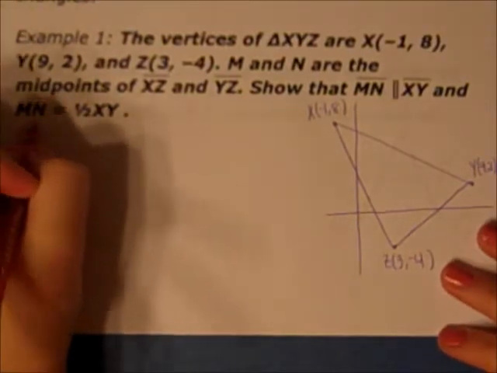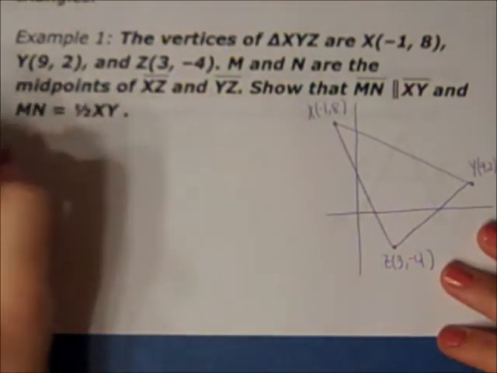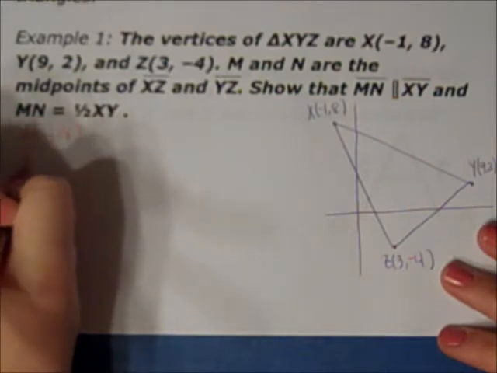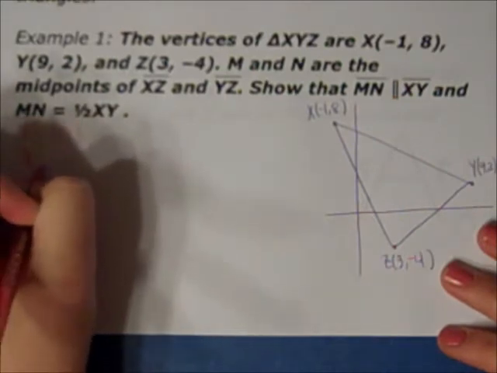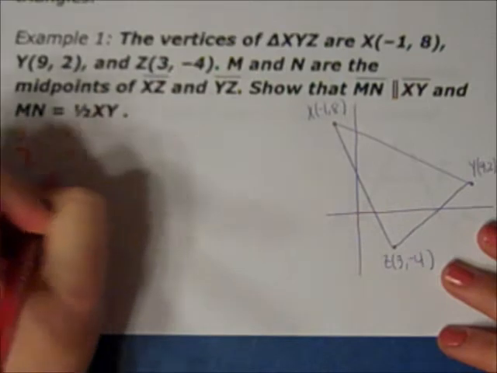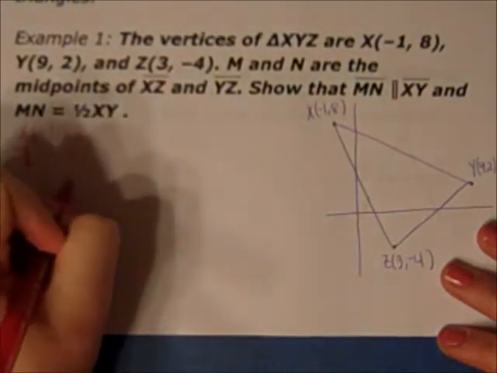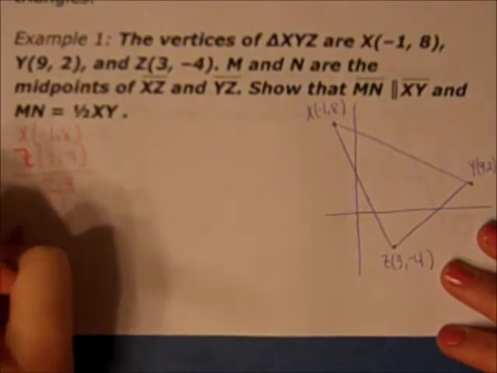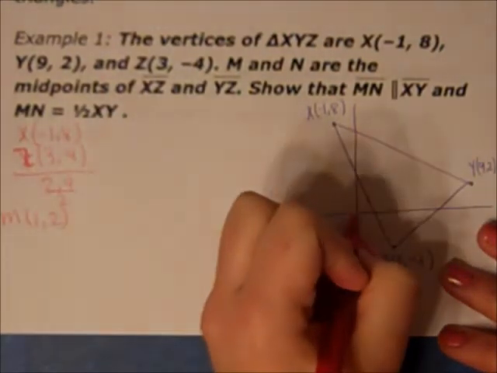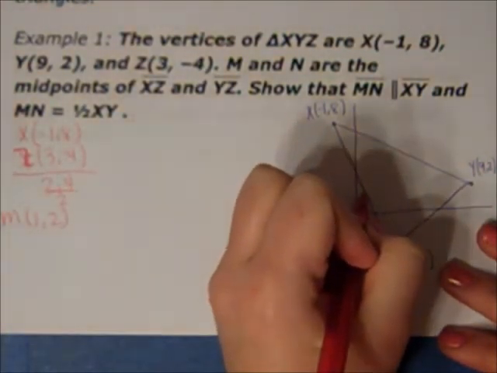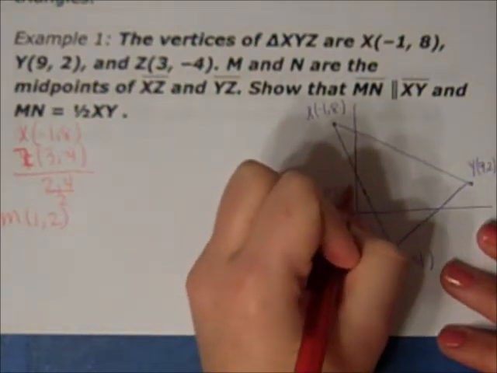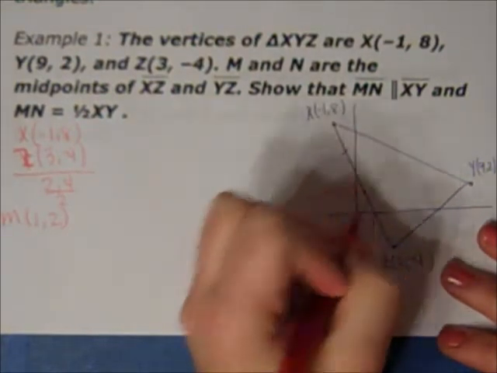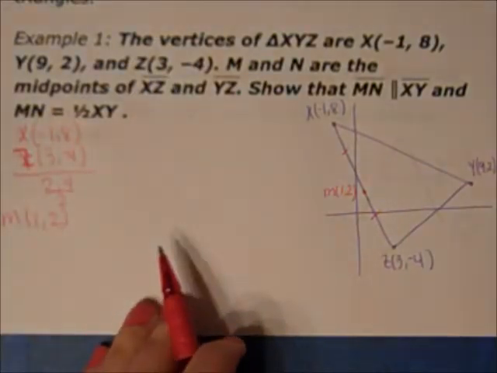So I'm going to start with X at -1, 8, and Z at 3, -4, and I'm going to find the midpoint at 1, 2, and I'm going to call that point M, the midpoint of XZ.